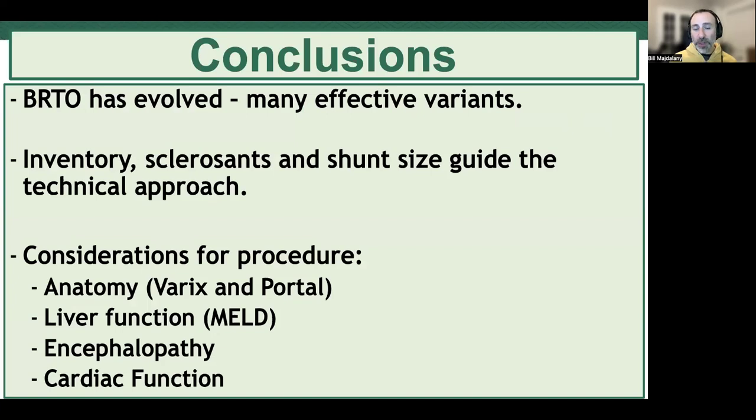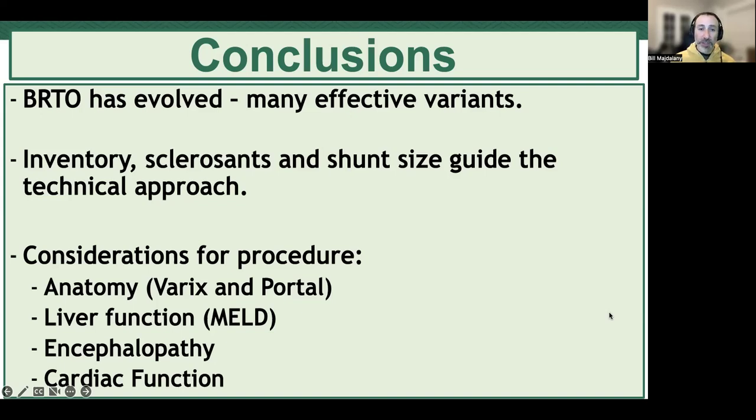So hopefully I've reviewed with you that BRTO has evolved, and there are many effective variants. It is very much dependent on inventory. That includes balloon guides, sclerosants, and I've discussed the sclerosants that we most often use in the US. Gel foam is also very effective in this setting.